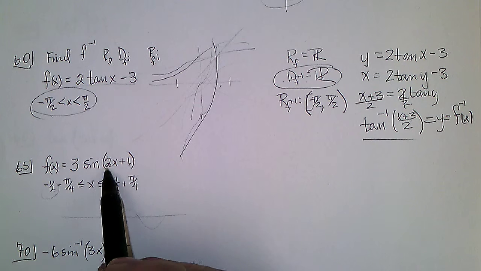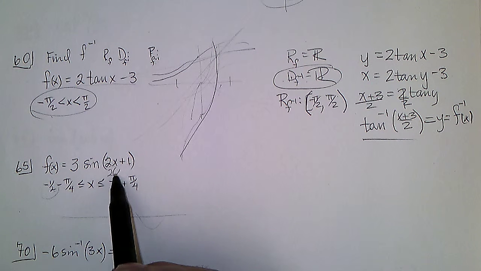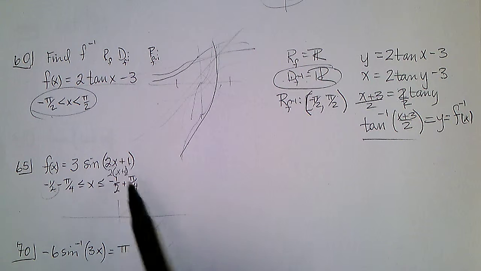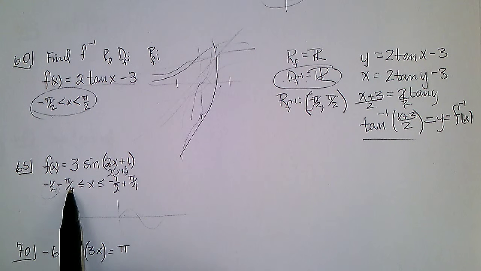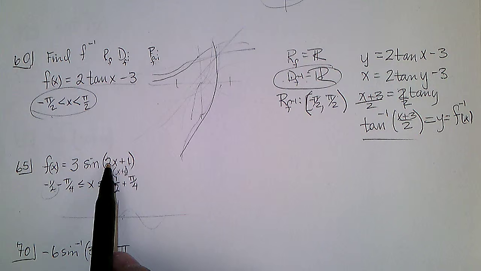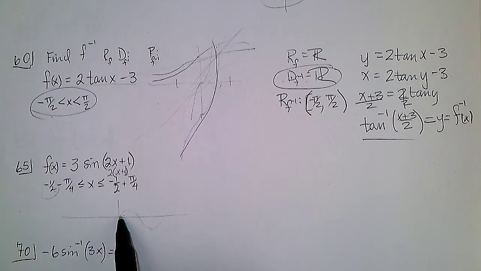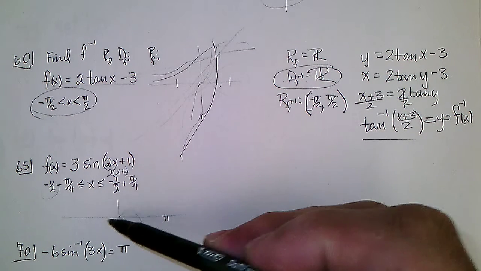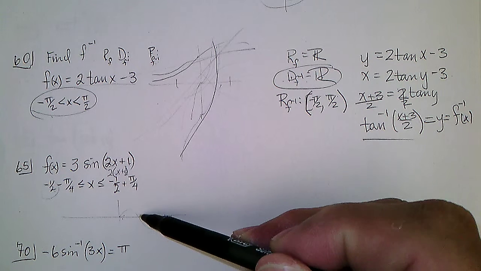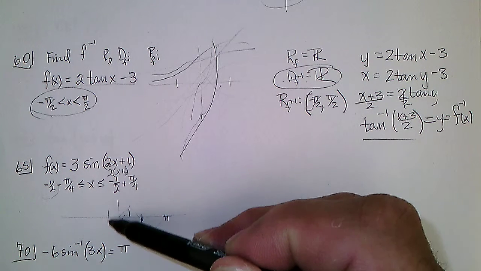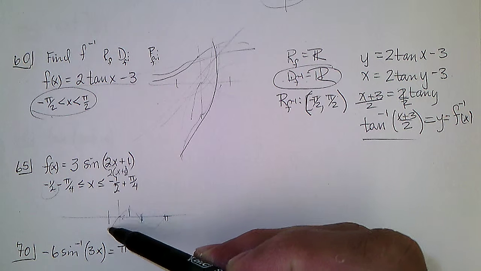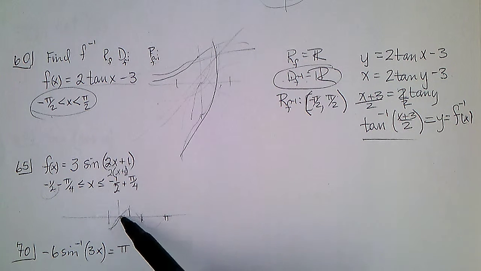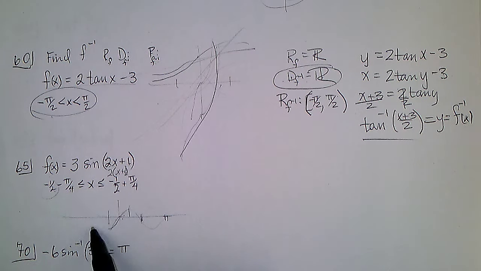If you look at the shift, that should be 2 times x plus 1/2, so it's shifting back a half. We're basically doing the regular sine curve. The period is changing from 2 pi to pi because of the 2. And they want us to take from negative pi over 4, pi, half a pi, quarter pi. So they want to take this portion of it, but shifted back pi over 4, or half. So it's somewhere in here.